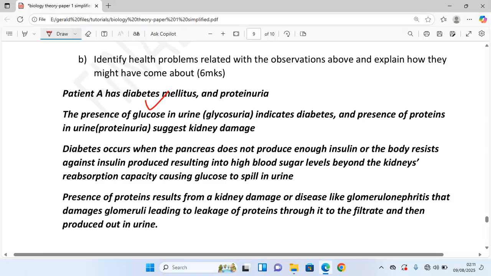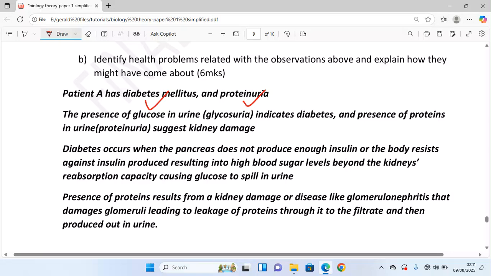And then the condition called proteinuria, which is the condition of having proteins in urine, or others are saying damage to the kidney, like we shall see. The presence of glucose in urine, called glucosuria, that is the name of that condition, indicates diabetes, and the presence of proteins in urine indicate kidney damage.